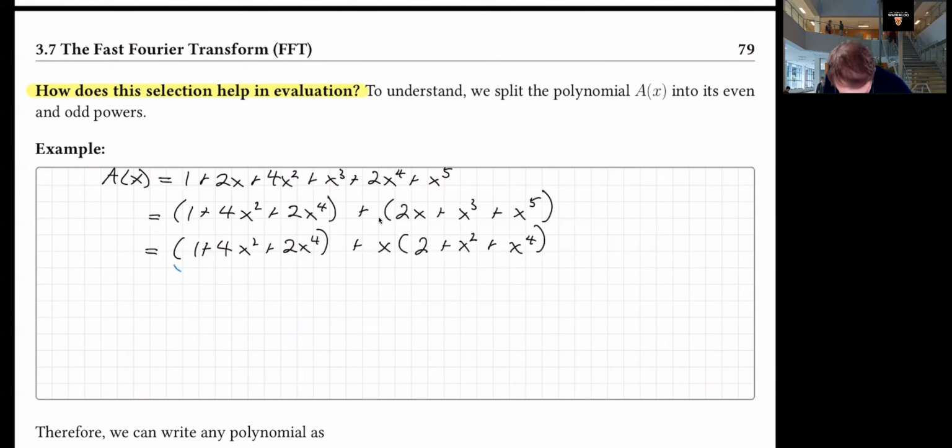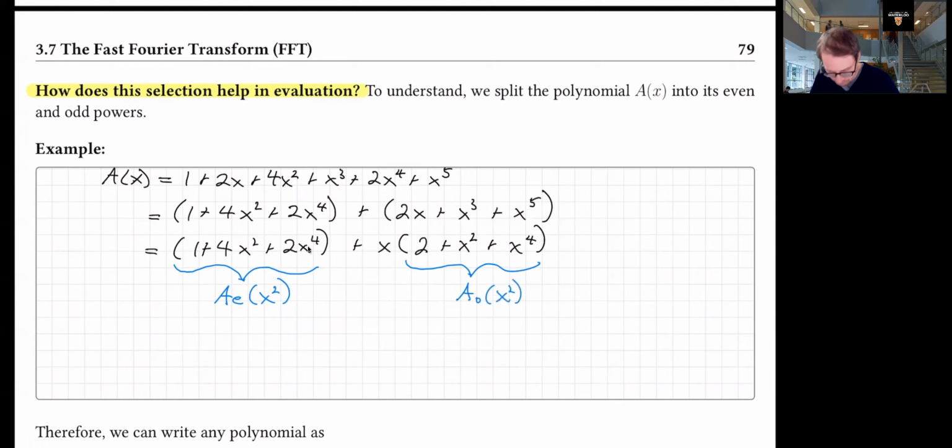And this is some polynomial. And this is also some polynomial. And the thing that you notice is in each of these, you only get even powers. And so I can think of this as a polynomial in x squared. And I can think of this as some other polynomial, a odd in x squared. Right? So a odd of y is 2 plus y squared.